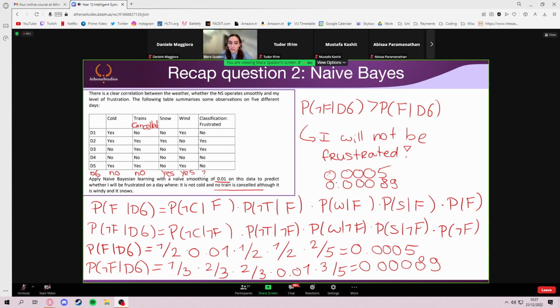Wait. So, yeah, okay, I see it. Maybe the zeros were a bit confusing, but indeed, not frustrated will have the higher value here. Yeah, because of the indent. Oh, okay. That makes sense. Yeah, maybe I should write them down so they're a bit more clear. I think that's better.